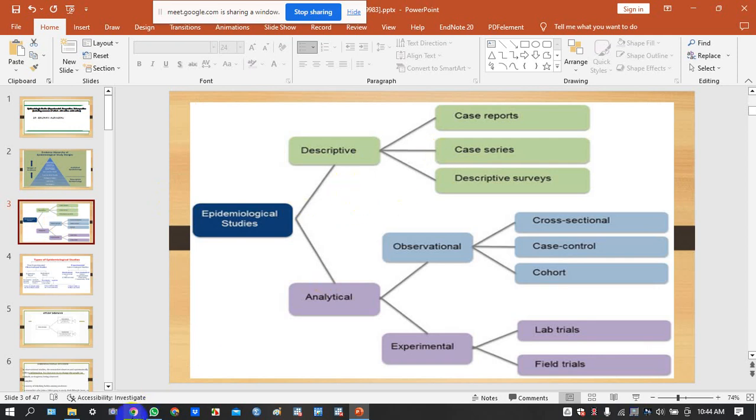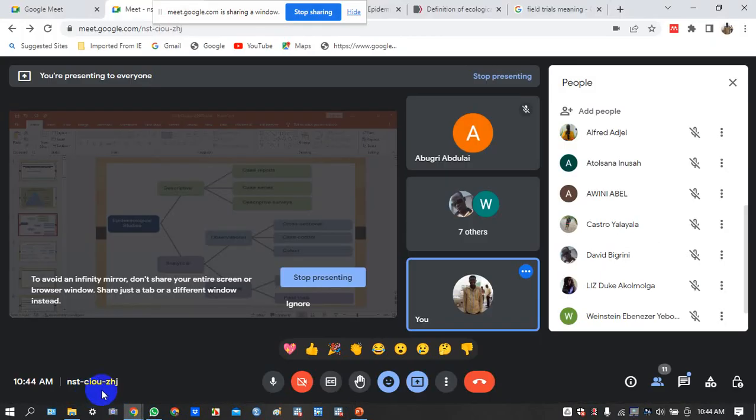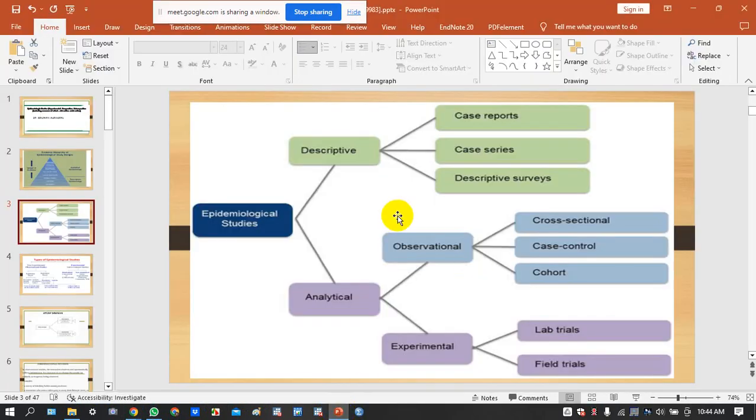So all these study designs are under epidemiological studies or public health studies. We have descriptive studies, and under descriptive we have the case report, like I said.